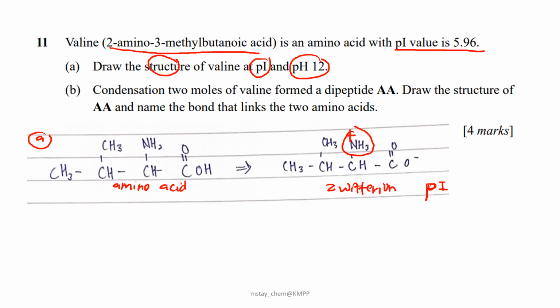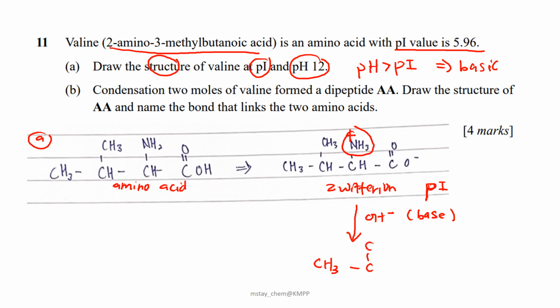Okay, and then the pH value equal to 12, which means greater than the pI value, so this is in basic condition. So if this is in basic condition, just imagine that you react with OH minus to represent the base. So this will be the structure CH3, CH3, CH.